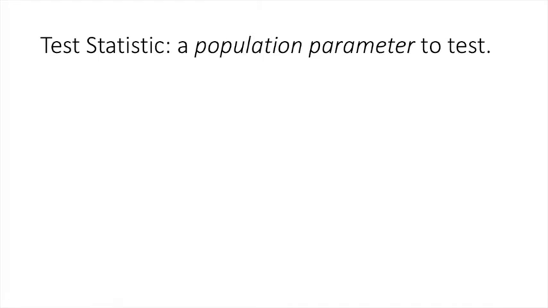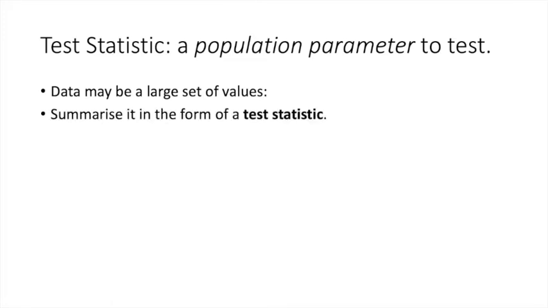To conduct a hypothesis test, we need something called a test statistic. This is because the whole sample is a large set of values, and to run a test, we need to summarize the data into a test statistic. And this statistic is a parameter of the population.